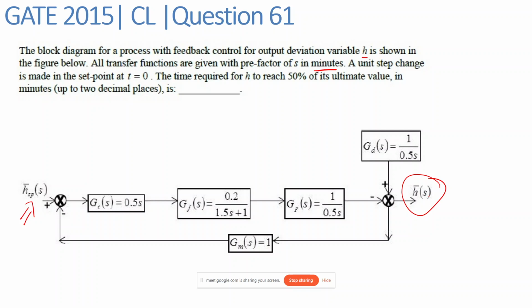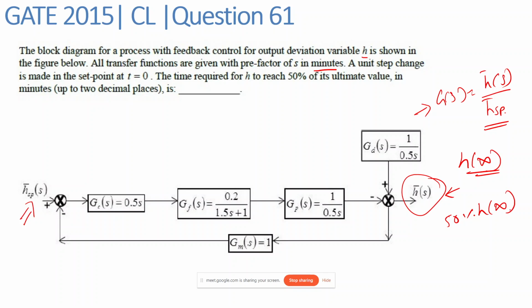So what we will do is we will first find the transfer function relating this output h bar s upon set point, and then on the basis of that we can find the ultimate or the final value of the output, that is h of infinity, and then we can calculate the time taken by the system to reach 50% of h infinity. So let's take a look at the video solution.